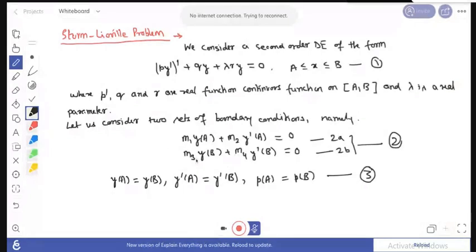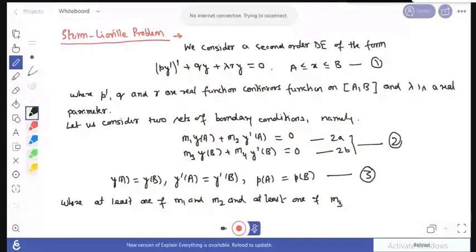Both may be non-zero, but at least one of them is non-zero.